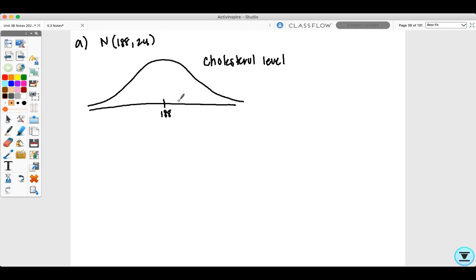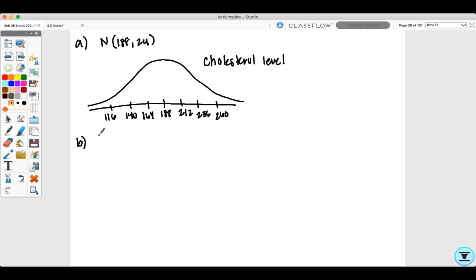One standard deviation above the mean would be 212. 2 standard deviations above would be 236. And 3 standard deviations above would be 260. 1 standard deviation below the mean would be 164. 2 standard deviations below would be 140. And 3 standard deviations below would be 116.